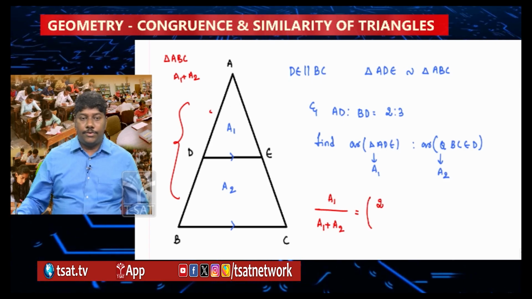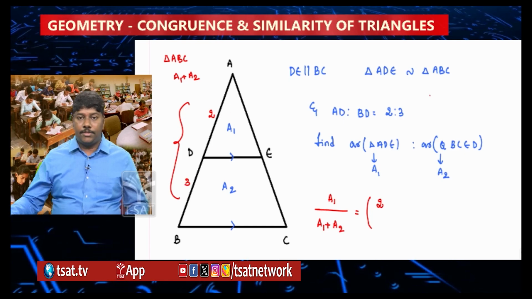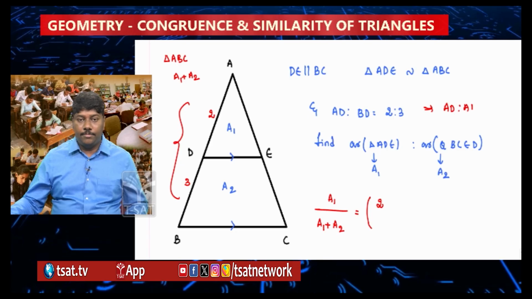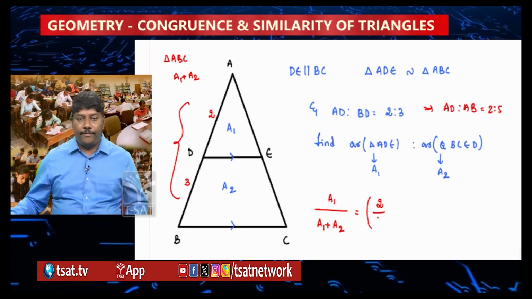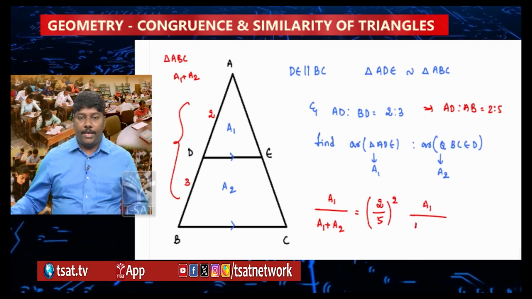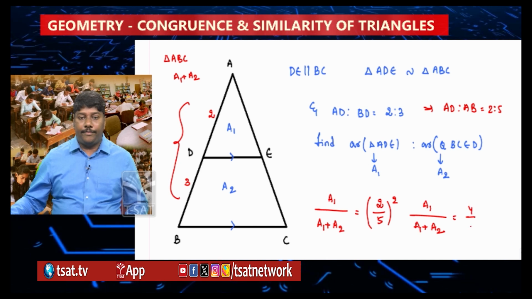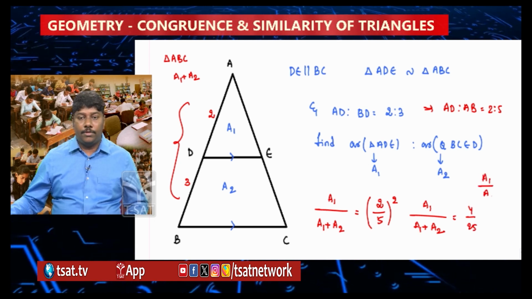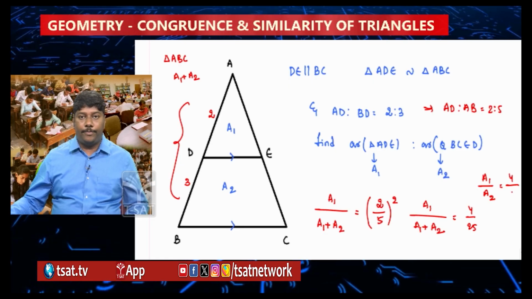This is 2 and this is 3, AD to AB becomes 2 is to 5. So this is 2 by 5 whole square. Now area 1 by area 1 plus area 2 is equal to 4 by 25. But I am looking for area 1 by area 2. So this is 4 parts. Out of 25 parts you take out 4 parts.